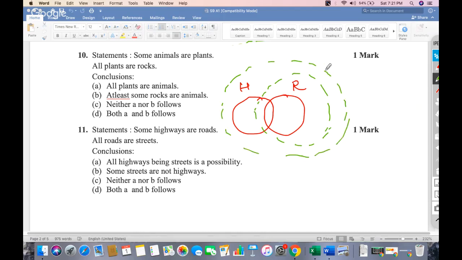So that is why I'm drawing it. Either this would be street or this would be street. So option A is definitely correct. Some streets are not highways. Always in this condition, when you draw a street like this, some streets would not be highways. So both A and B will follow. So 11D is the answer.